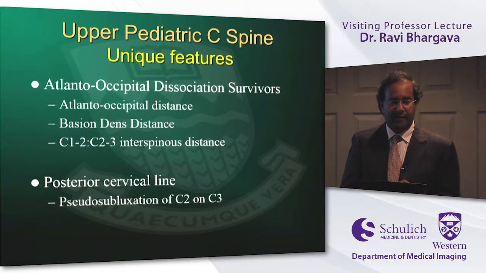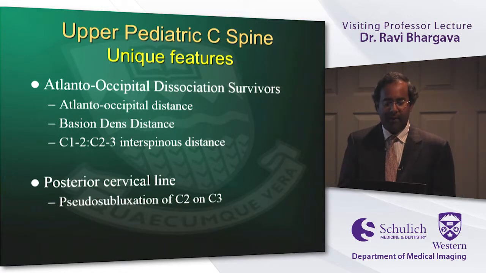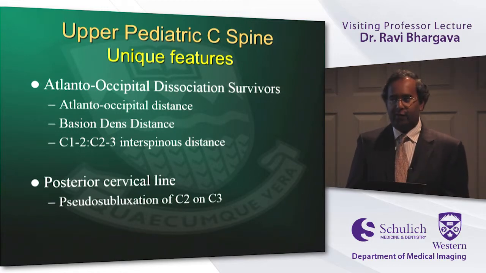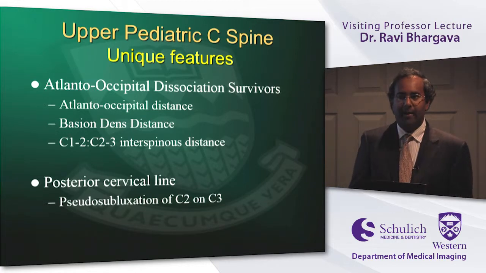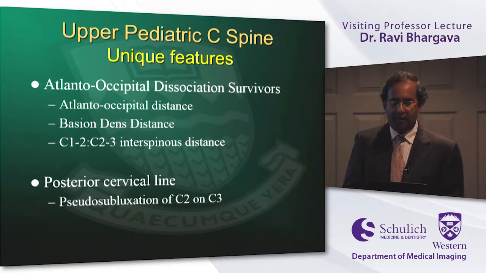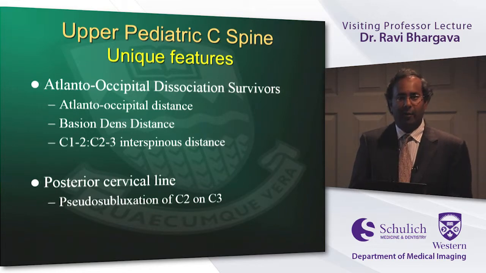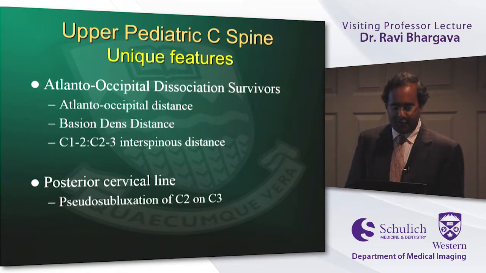One is the atlanto-occipital distance, and I'll show you that. One is the basion-dens distance, and the third one is a ratio of the interspinous space between C1, C2, and C2, C3. And the other thing that's unique in children is something that requires the use of a measurement, which is known as the posterior cervical line, and this allows you to diagnose a condition known as pseudosubluxation of C2 on C3. So let's look at that.